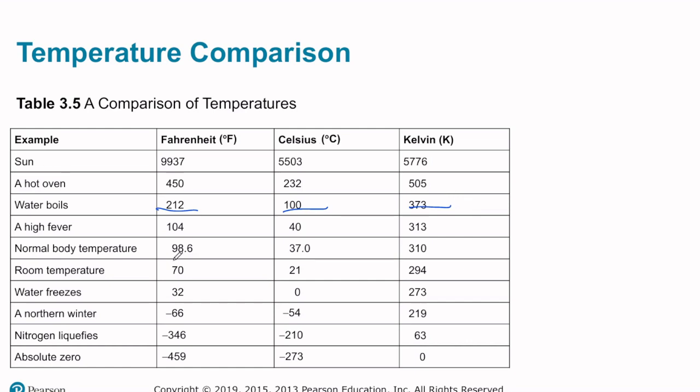Room temperature, for example, is 70 degrees Fahrenheit, 21 degrees Celsius, and 294 kelvins. Nitrogen liquefies at negative 346 degrees Fahrenheit, negative 210 degrees Celsius, or 63 kelvins. Absolute zero is 0 kelvins, negative 273 Celsius, and negative 459 Fahrenheit.